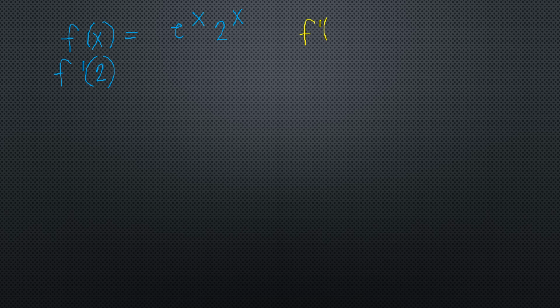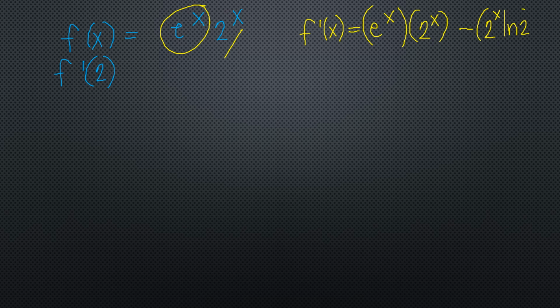So we have f prime of x is equal to the derivative of the first factor e raised to x itself times the second factor 2 raised to x, minus the derivative of the second factor 2 raised to x is 2 raised to x ln of 2 times the first factor e raised to x. This must be plus because we are into product rule.